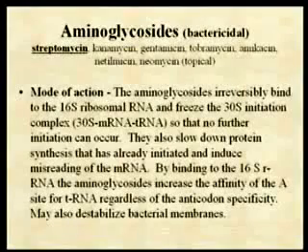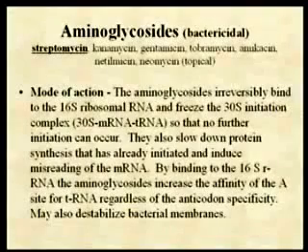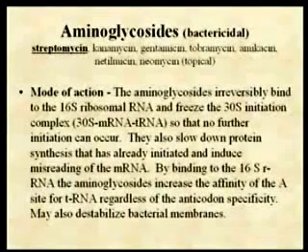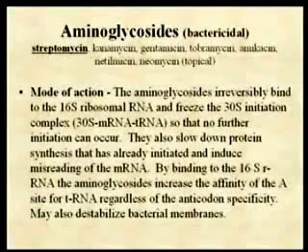Well, what happens if protein synthesis is already going on and you're in the elongation phase? Well, these antibiotics also have some effect on that. They slow down elongation. But more importantly, they induce a lot of misreading of the message. So you misread the message, and wrong amino acids are put in the presence of the aminoglycosides.